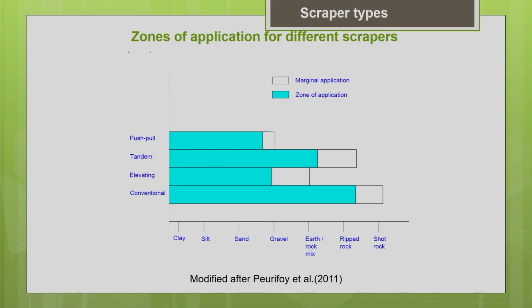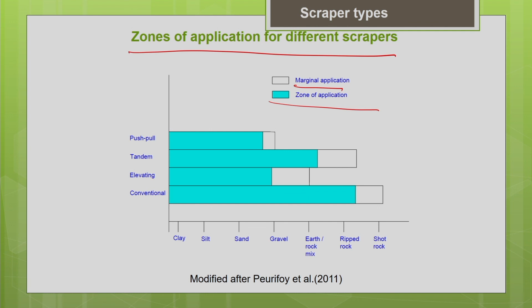Now let us see what are all the zones of application of the different scrapers. You have to select the scraper based on the type of the material in your project site. By looking into this picture, you can see this blue color indicates the zone of application, and white indicates the marginal application of the particular scraper.